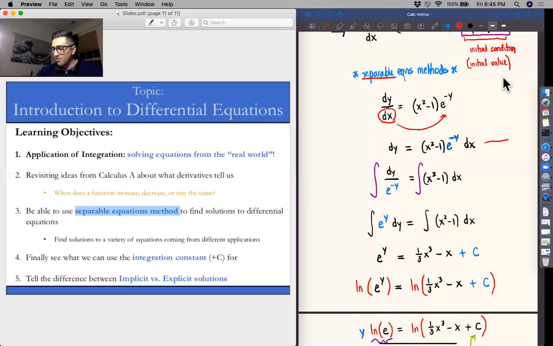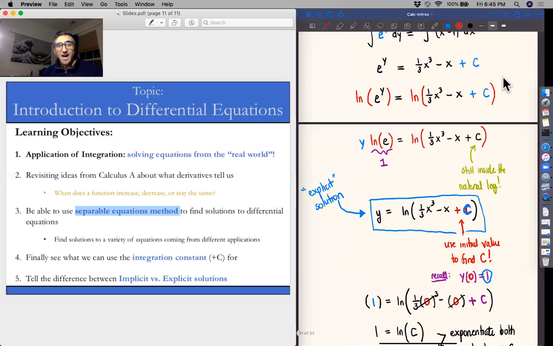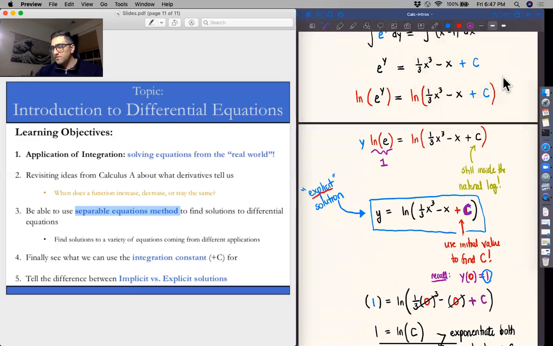The left side we integrated with respect to y, the right side we integrated with respect to x, and then we did a bit of algebra, and we're able to figure out what y was by itself on the left-hand side, which made this what we call an explicit solution, except we still had that unknown integration constant c to find out. And the way that we found out the value of c was using that initial value that we were given at the beginning of the problem.